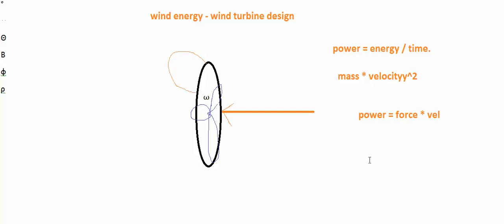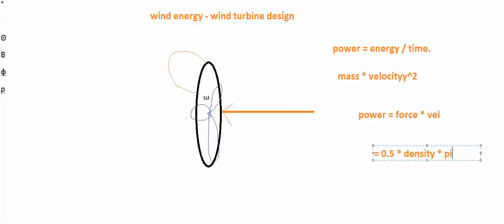If we break it down, it is half times the density of the air, which depends on the altitude. Let's consider it to be 1.225 kilograms per meter cubed. So it is half times the density times the area. The area is the area of the rotor plane, a circular disc, so it is pi r squared.